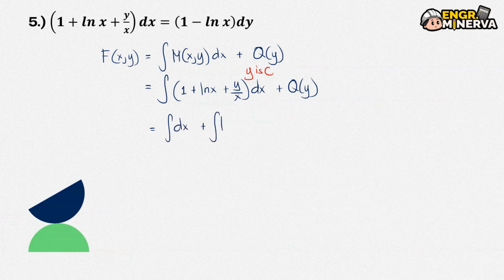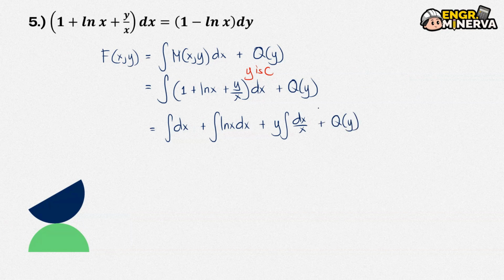That would be the integral of ln of x dx plus, since y is constant, we can factor out y, so we have y times the integral of dx over x, plus q of y.